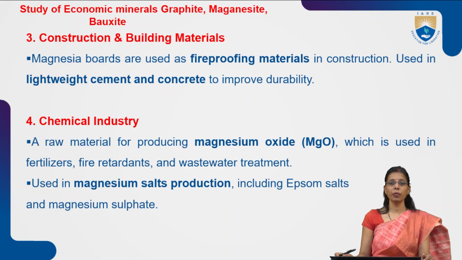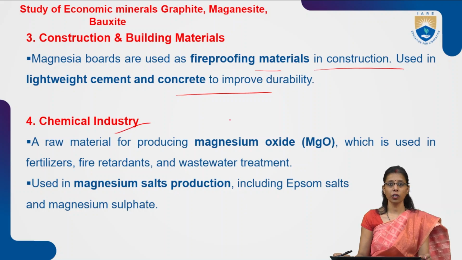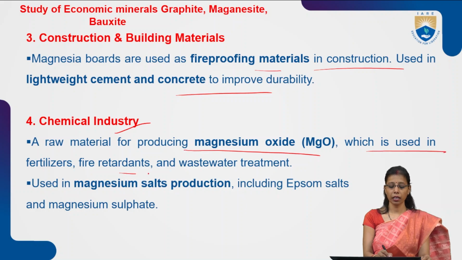Now, construction and building materials: magnesia boards are used as fireproofing materials in construction, used in lightweight cement and concrete, and they improve the durability of the concrete in buildings. Now the chemical industry: it is a raw material for producing magnesium oxide, which is used in fertilizers, fire retardants and wastewater treatment.